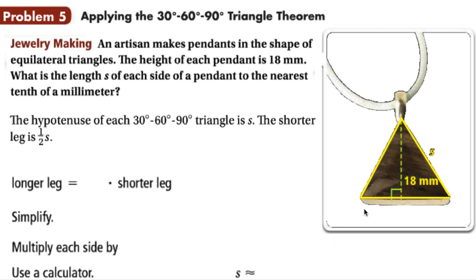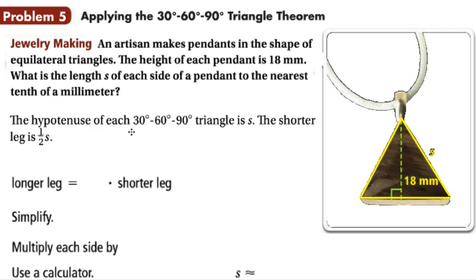Here's another application of the 30-60-90 right triangle. In jewelry making, we have a pendant here where the length of the hypotenuse is S and the height is 18 millimeters. They want to know what is the length of that hypotenuse S in each side of the pendant to the nearest tenth of a millimeter.